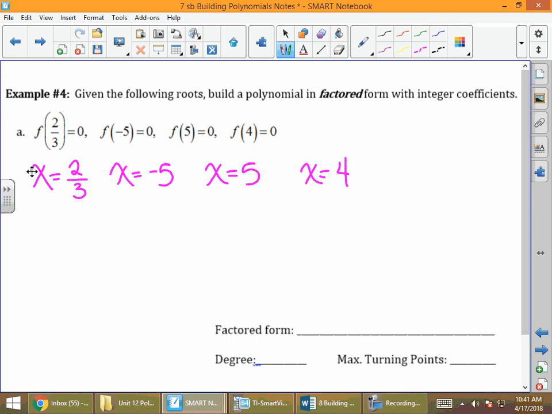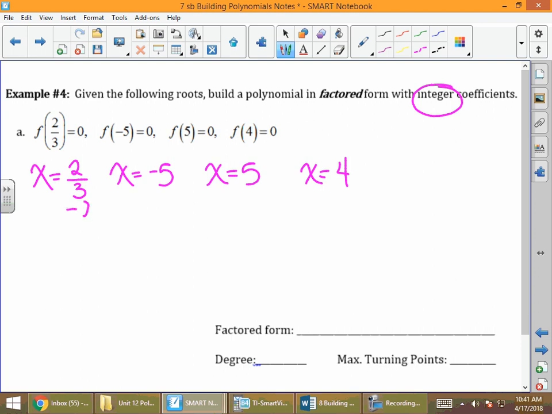The thing is, it says build a polynomial in factored form with integer coefficients. Integer to some people is a huge relief because that means no fractions. But let's put it in the proper format here. Let's put it in factored form and then we'll fix the fraction.